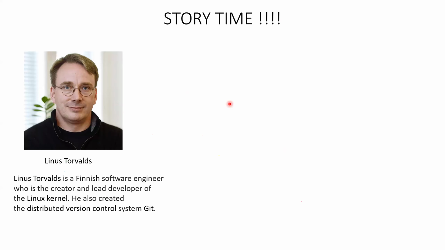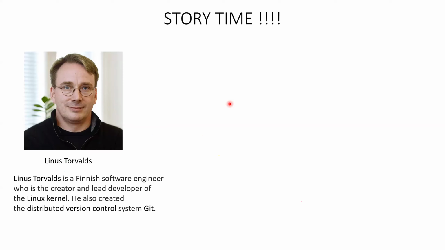No, sir. Okay. His name is Linus Torvalds. What has Linus done? Linus is the father of Linux. Linus Torvalds is a Finnish software engineer who is the creator and lead developer of the Linux kernel. Linux kernel means the Linux operating system.